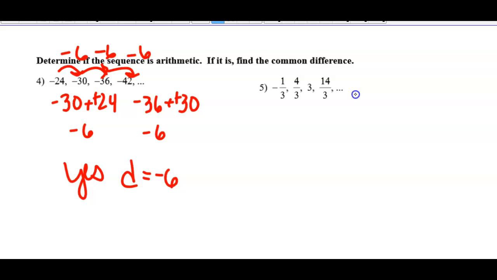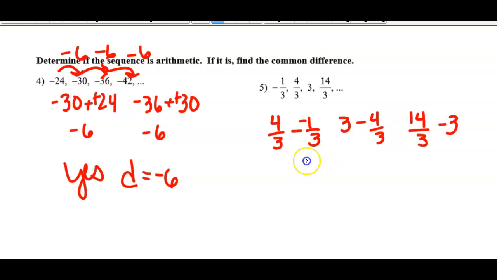Now, they're much harder to tell when they're fractions. You can take any term and subtract the previous term and see if you get a common difference. Another way to do it is to make them have a common denominator. So 3 is really 9/3.